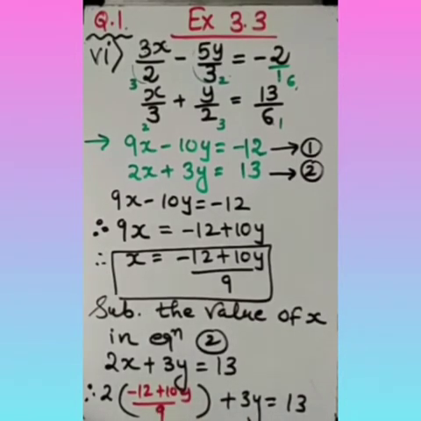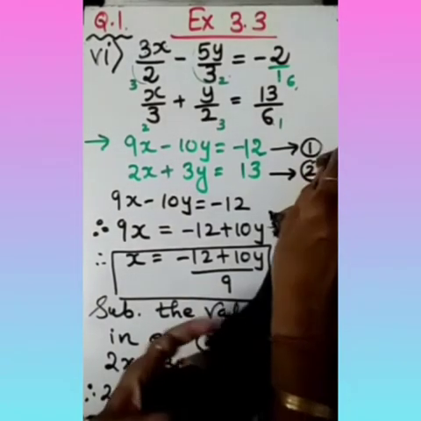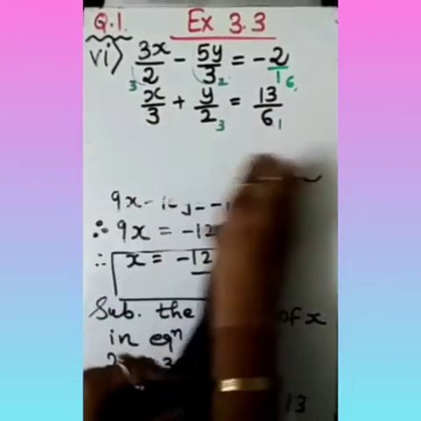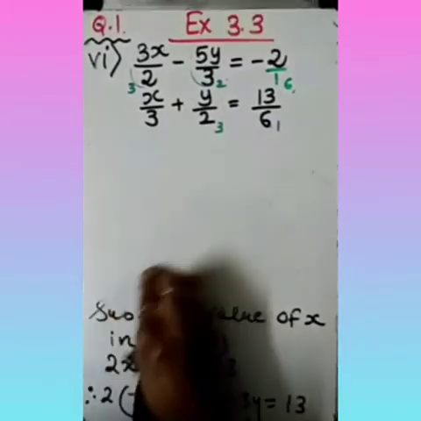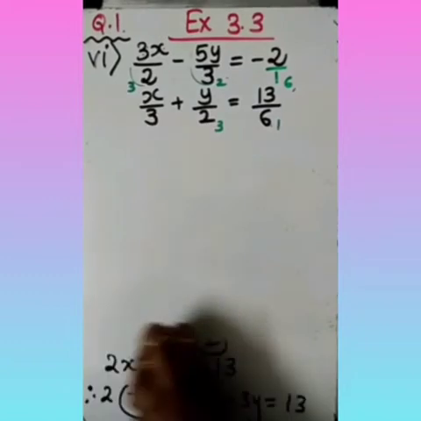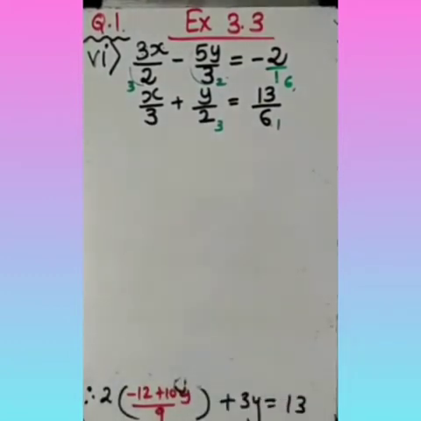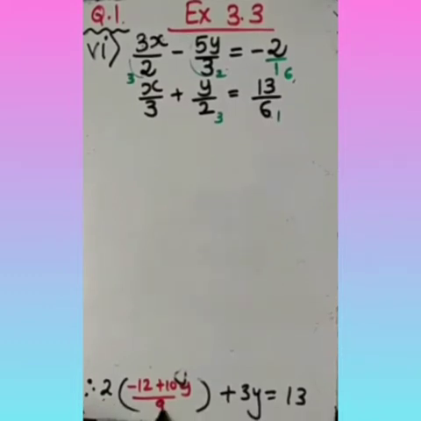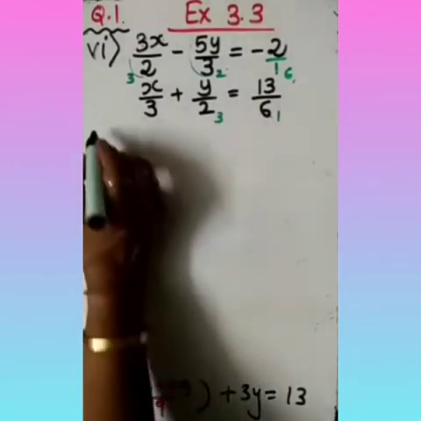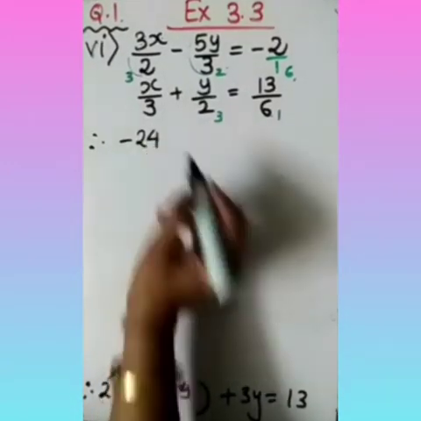Now I am going to simplify this. Next step: 2 and 9, there isn't anything common, so we can't cancel. So we multiply the full bracket by 2. So what do we have? 2 into 12 minus 12 gives the result minus 24.